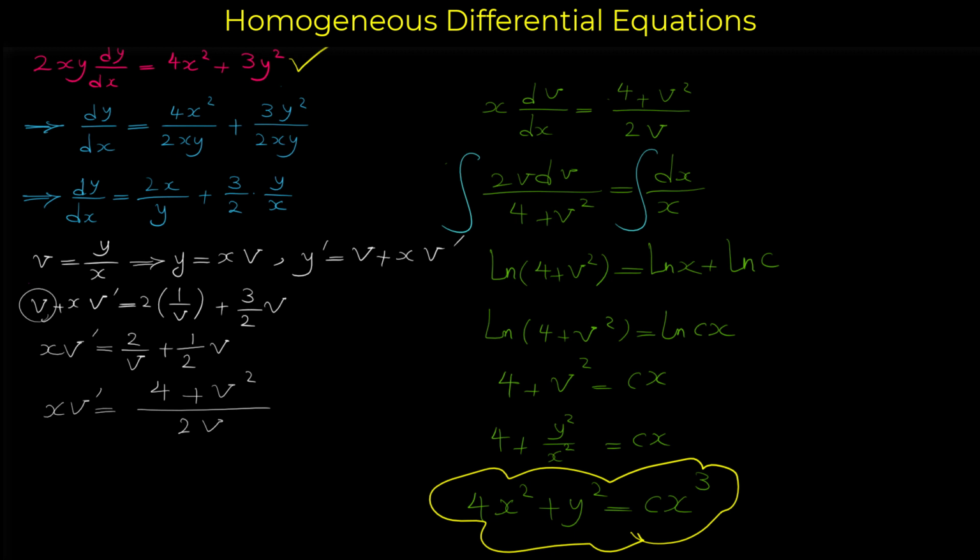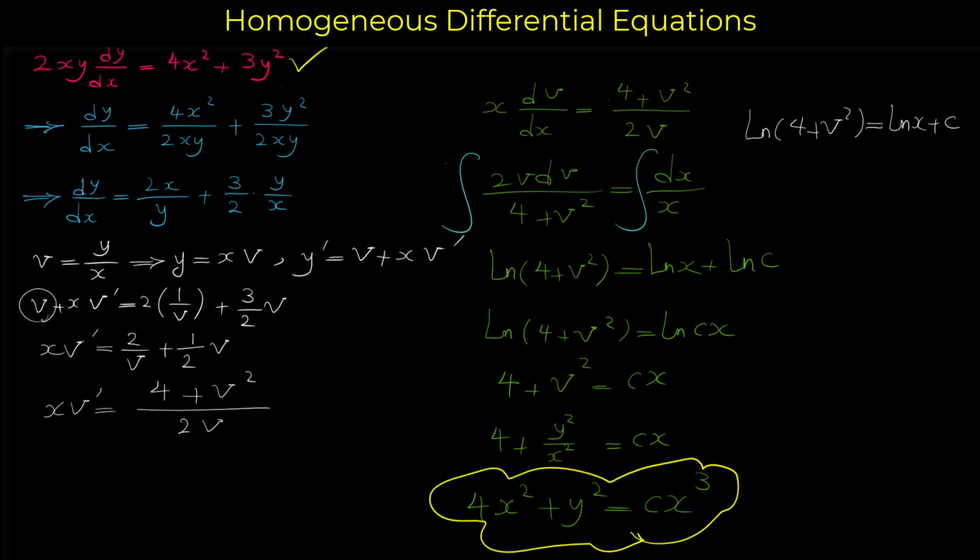I want to show you another way to get rid of ln's, if you need to know this technique. So we have ln of 4 plus v squared equals ln of x plus c. How can we get rid of these ln's?